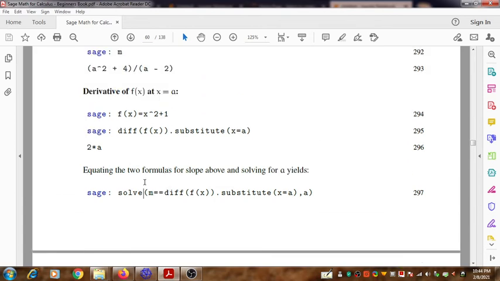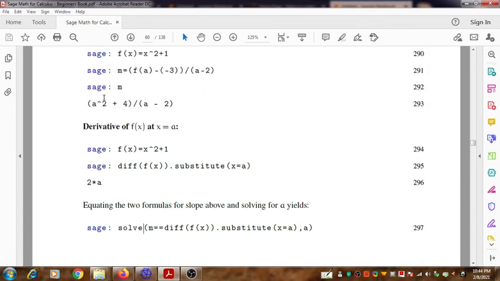See, m stands for this quantity. At the location of m, the quantity now stored is 2a square plus 4 over a minus 2. That is the quantity stored at m.